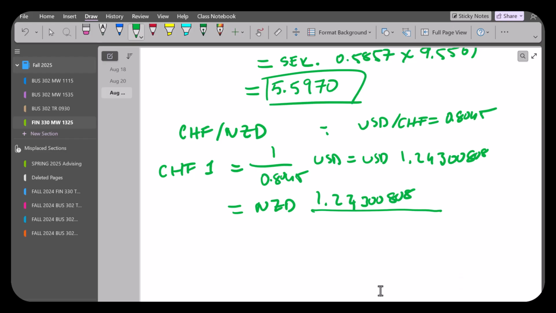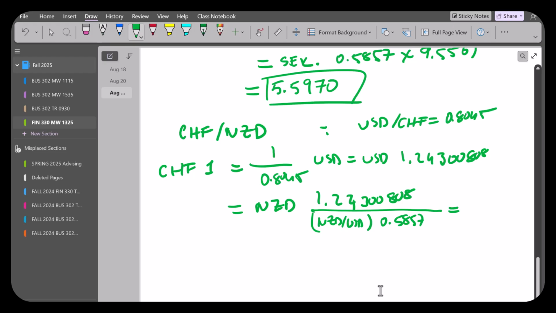I'm going to basically say that's equal to 2.1223 approximately.